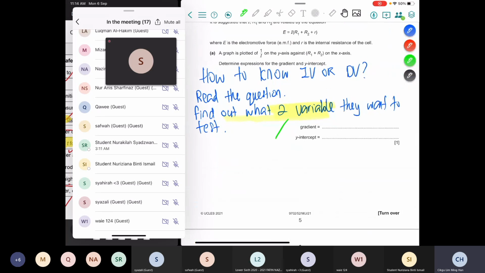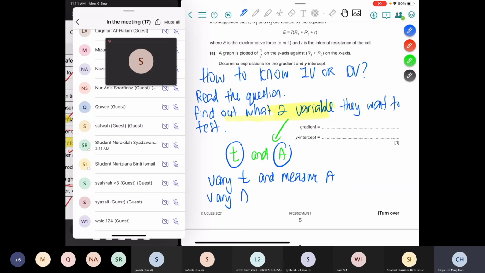The answer will be T and A. Then you need to ask yourself, should I vary T and measure A, or should I vary A and measure T?